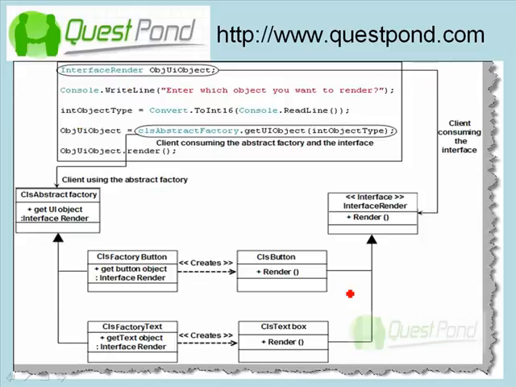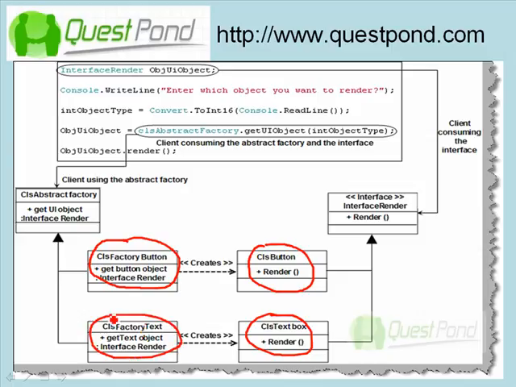Here's a simple project which discusses factory patterns practically. Here we have a button class, and for the button class we have a factory class called CLS factory button, a text box class, and again we have a factory class which produces the text box object.